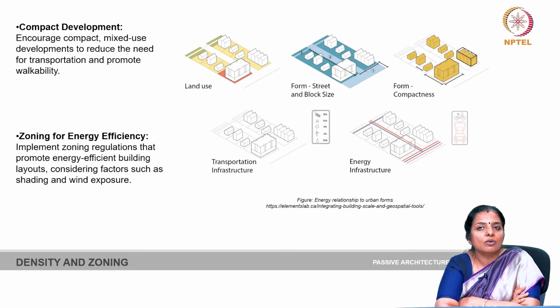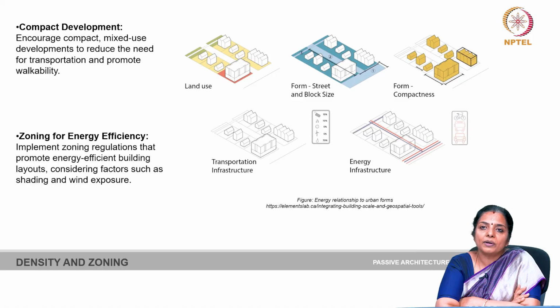Zoning regulations play a crucial role in guiding the layouts and the planning of the buildings in neighborhoods, and regulations that prioritize energy efficiency consider factors such as solar orientation, shading and wind exposure to optimize the use of natural resources.